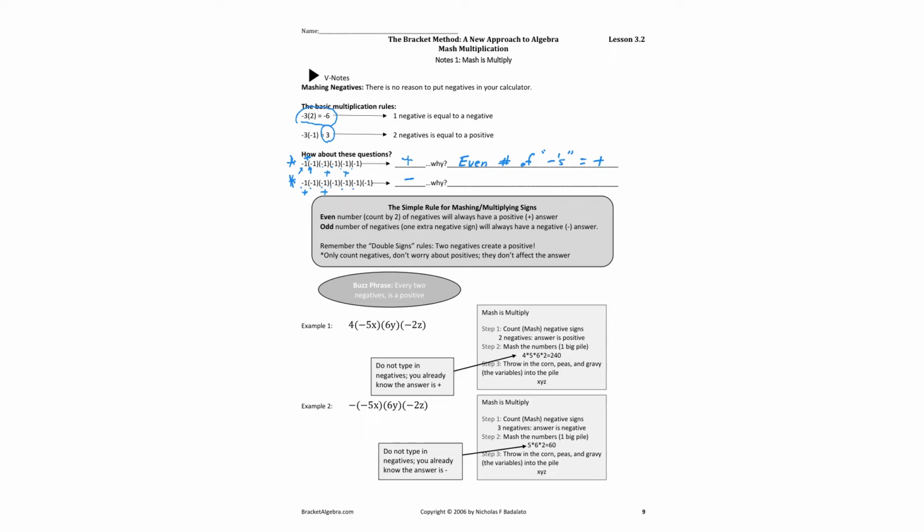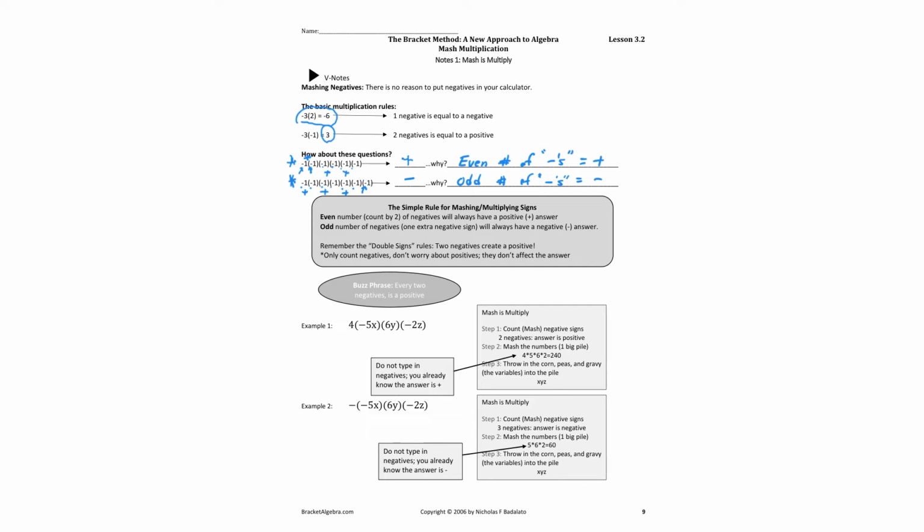So 1, 2, 1, 2. And then finally, we get to this last remaining negative, which makes the whole thing negative. So 2, 4, 6, 8, and then 1 remaining negative sign makes the whole thing negative. So the answer is odd number of negatives always gives you a negative answer.